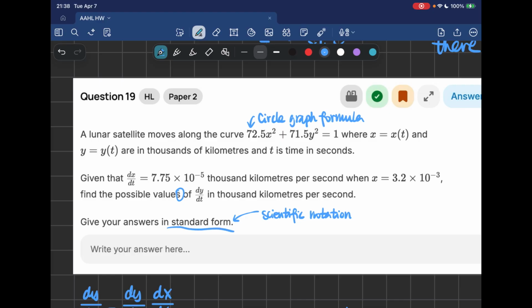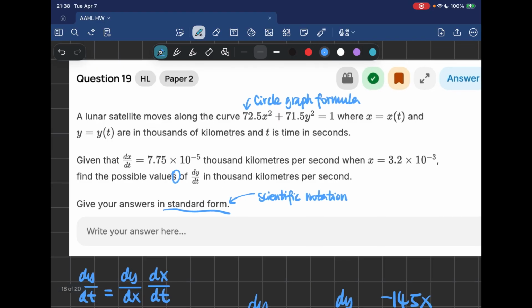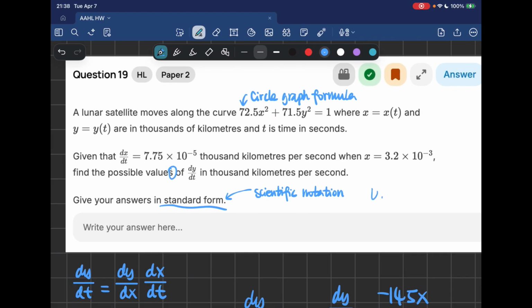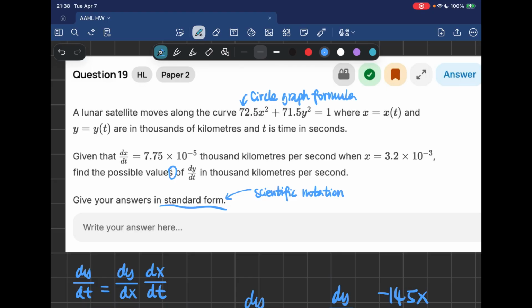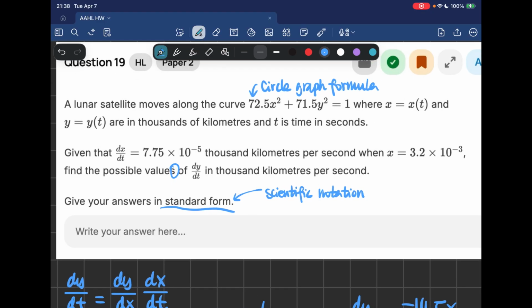That means scientific notation. So it's something point something times 10 to the power of a whole number, with the number between 1 and 9.